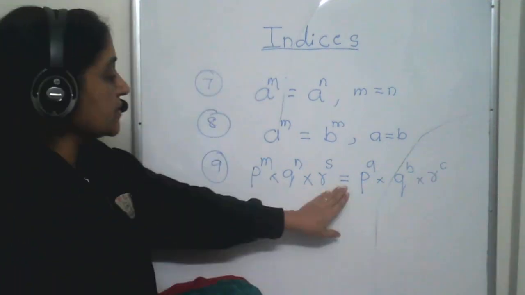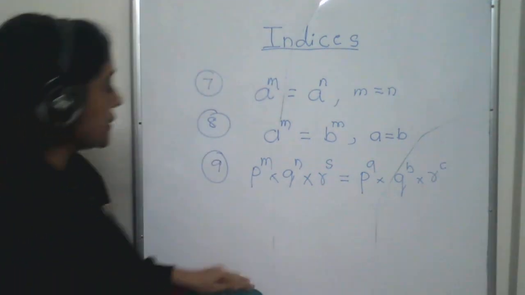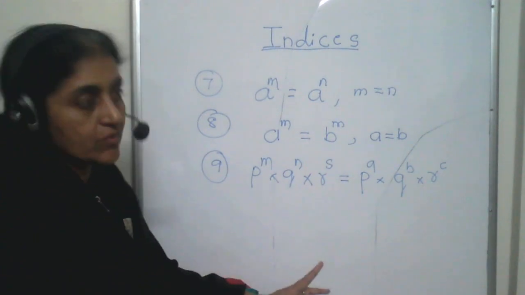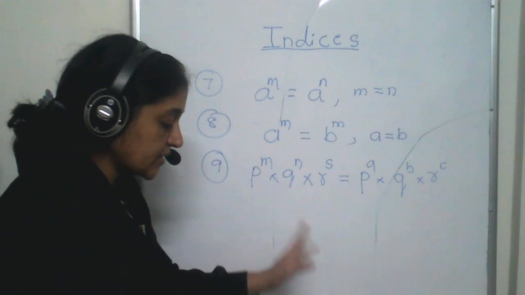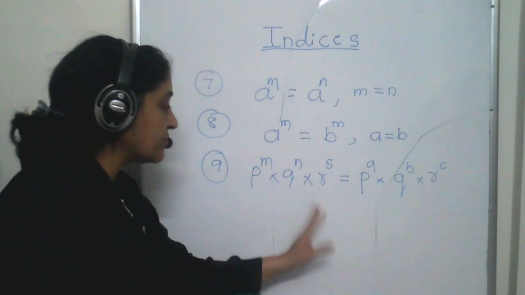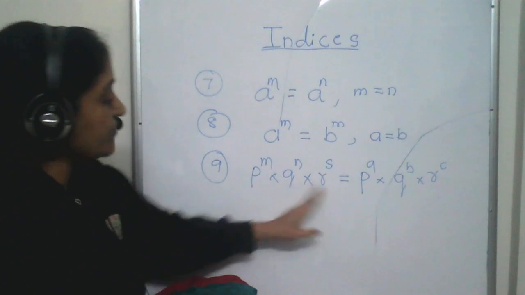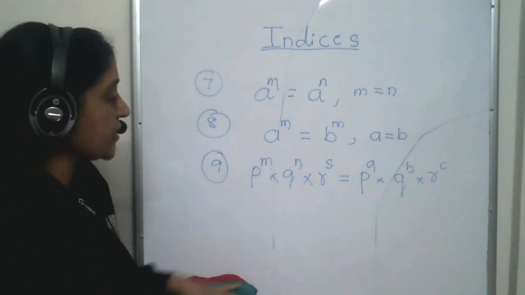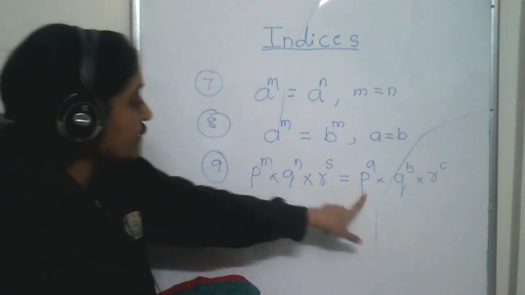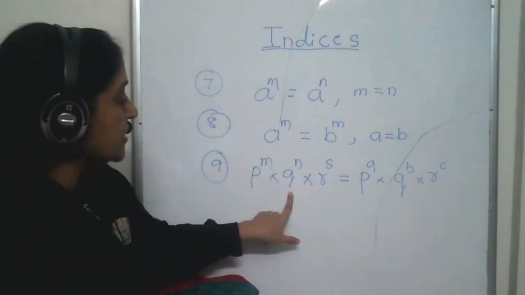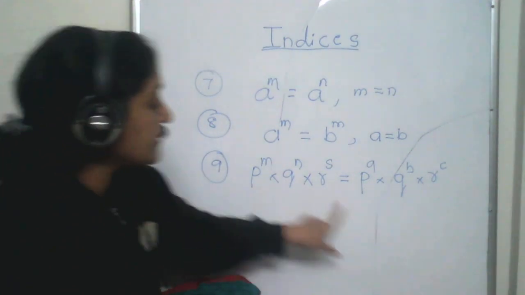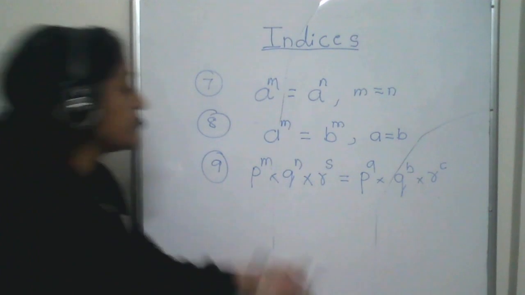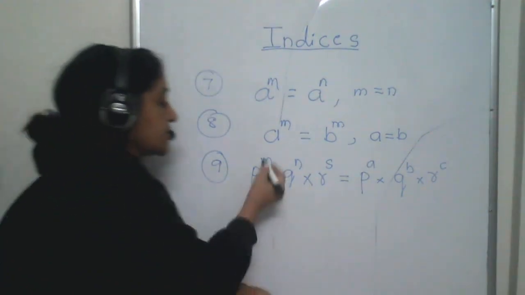Now you can see on either side of the equal to sign, consider p, q, r as different prime factors. Different prime numbers are here and they have particular exponents. Now do you see p on the right hand side also? Q here on the left and right as well. R in the left, R in the right as well. Now what is differing here? What is differing here is their exponents.